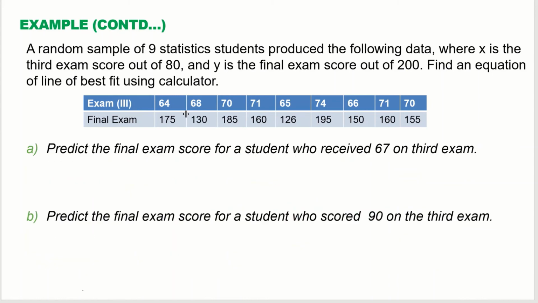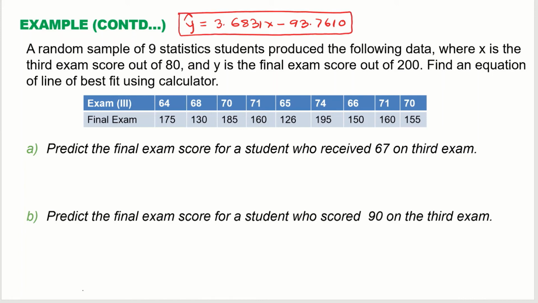In the same problem, let's go to the third part. Always remember, we got the equation of line of best fit as y hat, the predicted y value, equal to 3.6831x minus 93.7610. This will help you to predict the y value when you know the x value.